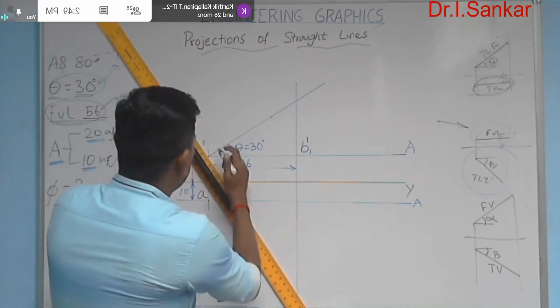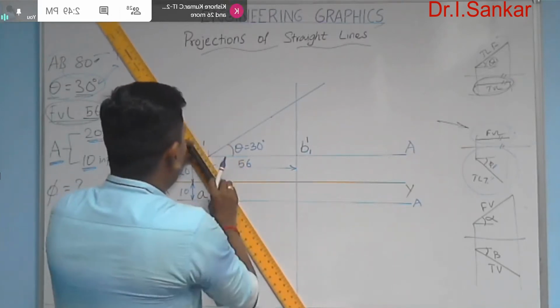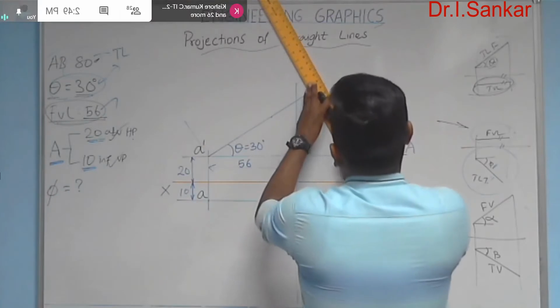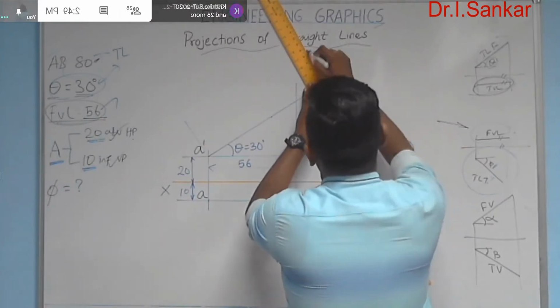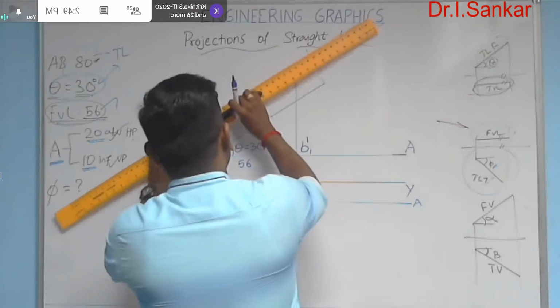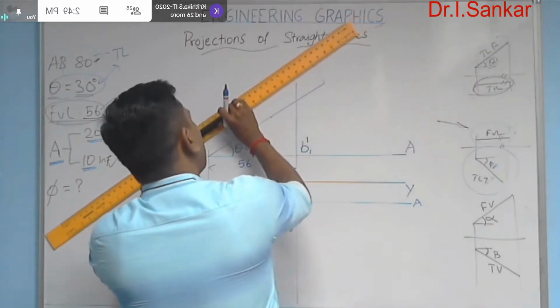With the 80 mm length, I just drew a line. Let me mark the dimensions. Use your drafter for marking the dimensions. Again and again I am insisting, because a bad dimension will spoil the appearance of the drawing, and sometimes the answer may go wrong.